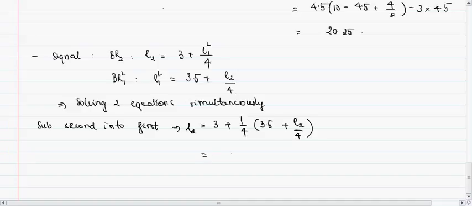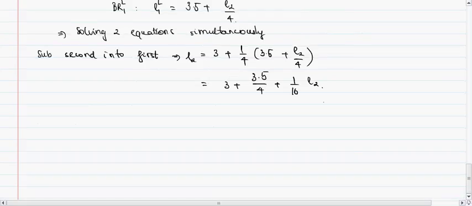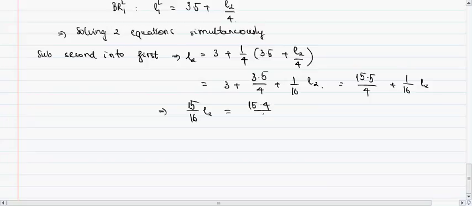So if I expand everything, I get 3 plus 3.5 on 4 plus 1 on 16 L2, and that would just give me 15.5 on 4 plus 1 on 16 L2. Therefore, if I move 1 on 16 L2 to the left hand side, I get 15 on 16 L2 equal to 15.5 on 4.